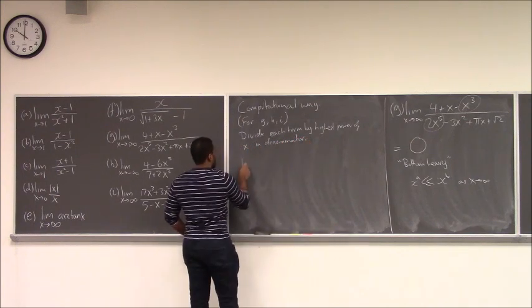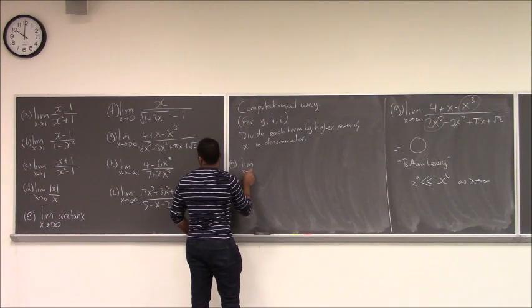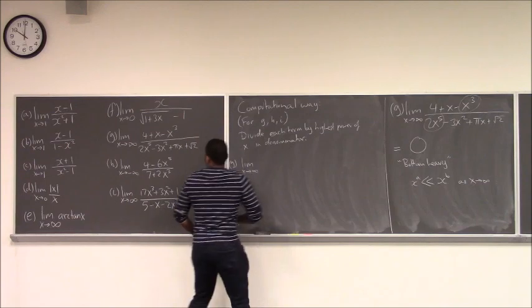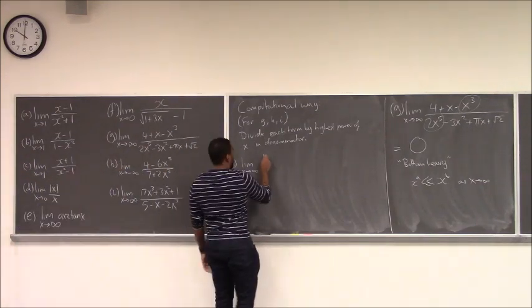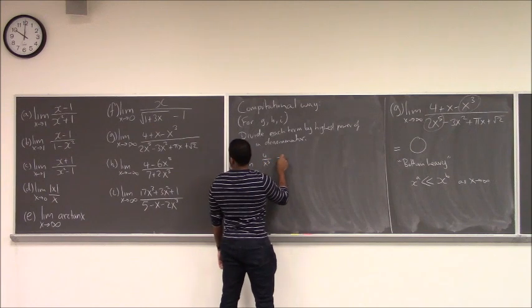So if you see something like G, the highest power of x in the denominator is x to the fifth. So I clearly go through and divide everyone by x to the fifth.